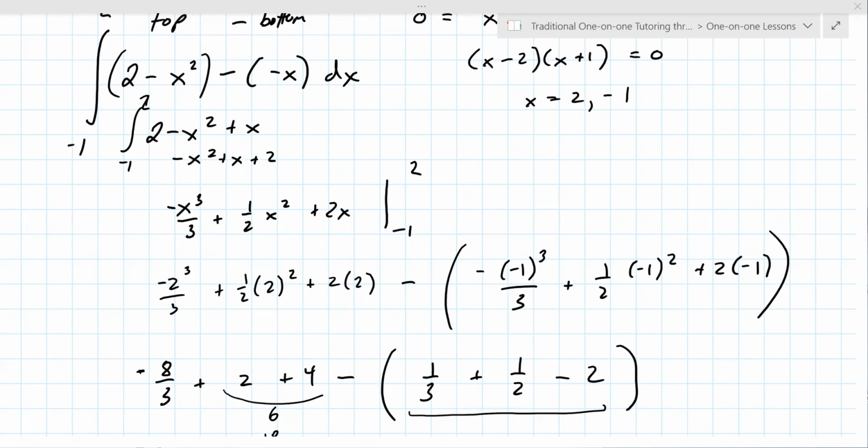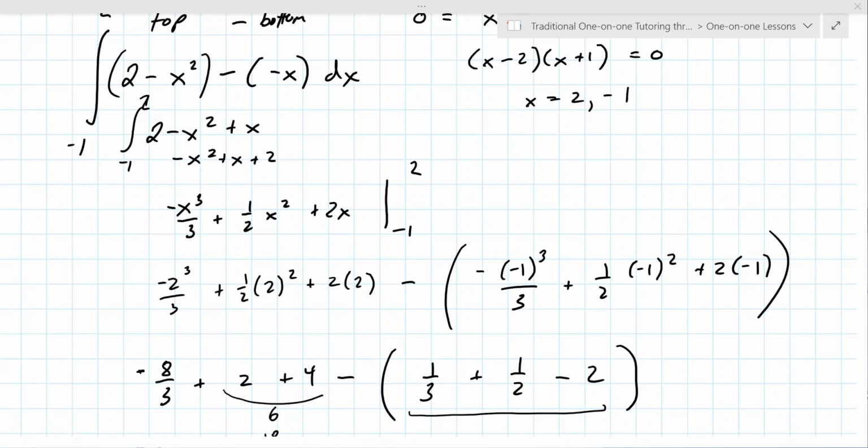The antiderivative in your notes is good. So maybe it's just the calculation part. So minus 2/3 over 3 plus 1/2 of 2 squared. Let me go find one more calculator and see if I can get you a better answer than this.